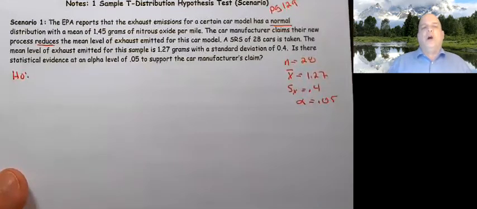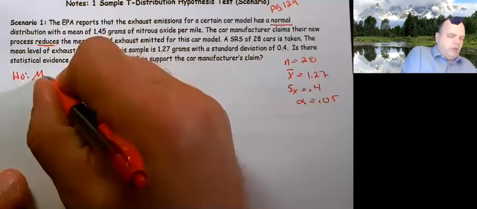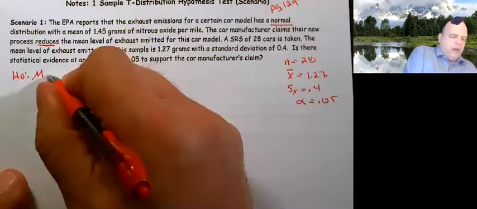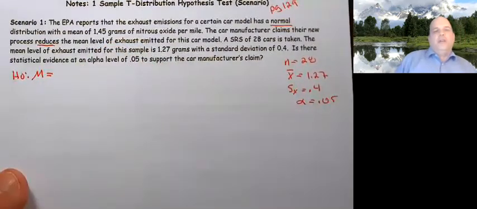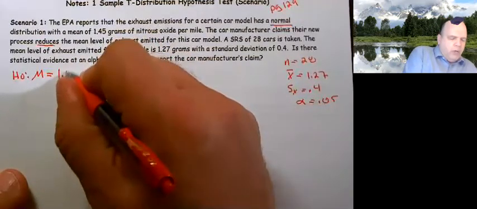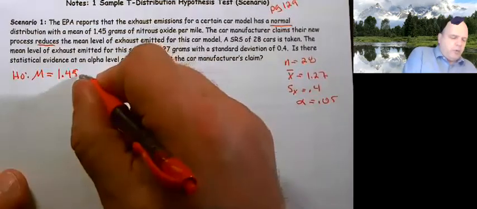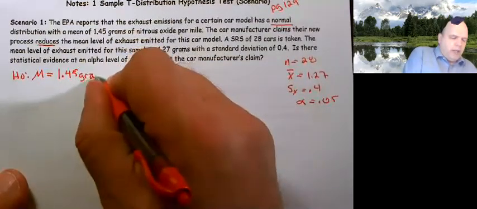What has been going on? That's always the null. We always express it as the Greek letter, so in this case, mu. I don't draw a very good mu, so it looks like an M, but mu equals 1.45. Specifically it's 1.45 grams. It really helps to have a label.